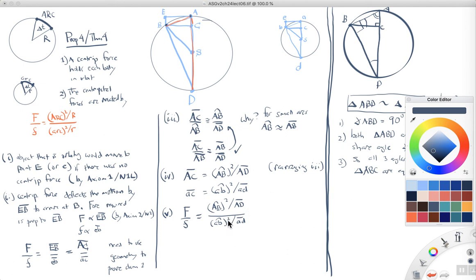Okay, and now notice that AD right here is the diameter of this circle, and AD is the diameter of this circle. Also notice that AD appears here and AD appears there. There's going to be a ratio of those, and the ratio of these diameters is going to be the same as the ratio of the radii, AS and AS.